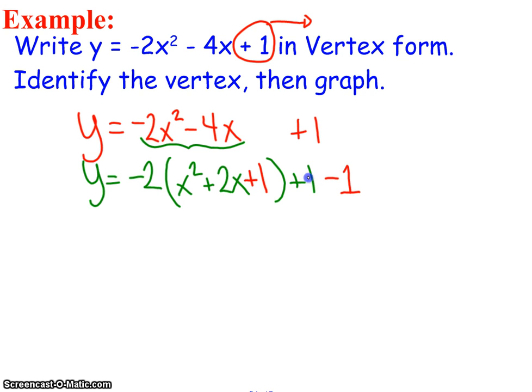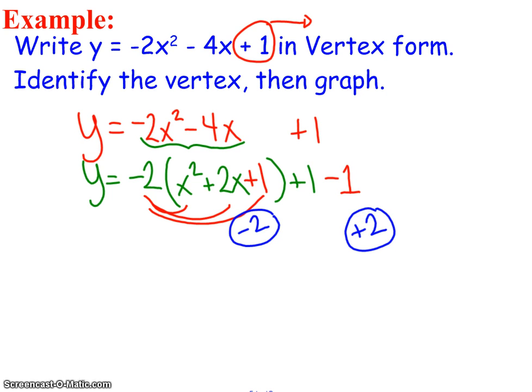Now, there's a problem though. Technically, if you were to distribute this back, you didn't unbalance the problem by 1. Technically, when you multiply negative 2 times 1, you unbalanced it by negative 2. So you have to balance it by adding 2 on the right side.